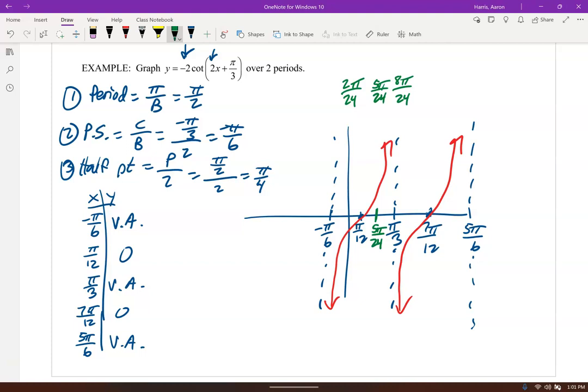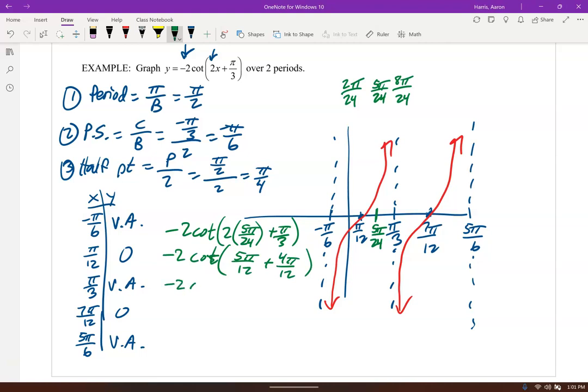And if you plug that in, that's a cotangent, 2 times 5 pi over 24. Let's see what we get here. So I got 5 pi over 12 plus 4 pi over 12. I got 9 pi over 12 in the negative 2 cotangent, 9 pi over 12 or 3 pi over 4.